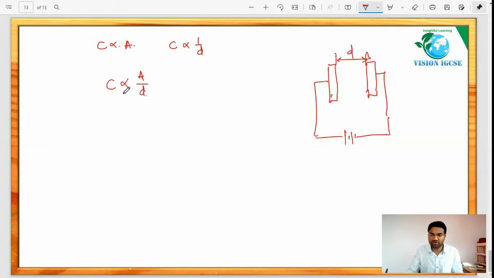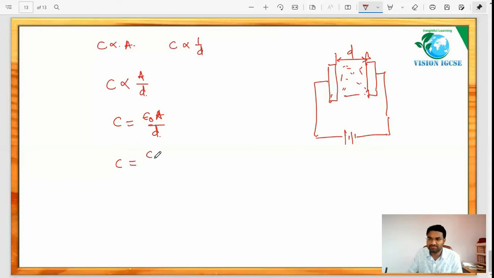To remove this proportionality, we use the proportionality constant, that is epsilon. Epsilon A over d. And there is another constant, the relative permittivity of the dielectric medium between them. Actually, in this part a dielectric medium exists, so we have to take the constant while calculating capacitance.